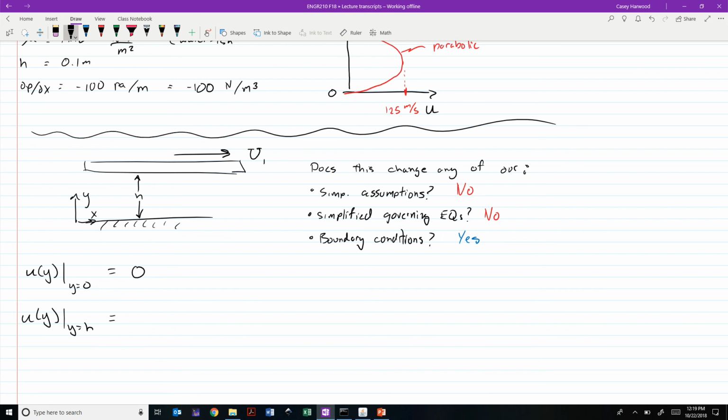The no slip condition still applies. So down here where the wall isn't moving, it's stuck to the wall, the velocity has to be 0. Up at the top, it's stuck to the wall, so it has to be moving along with the same velocity as the wall. We would say u1. We would use these two boundary conditions to solve for C1, C2, and we would then plug those in to get a unique solution, u as a function of y.